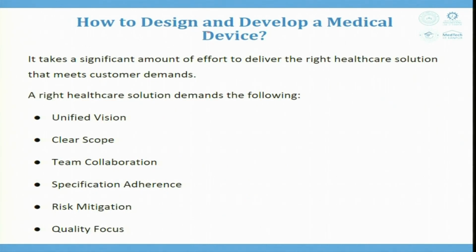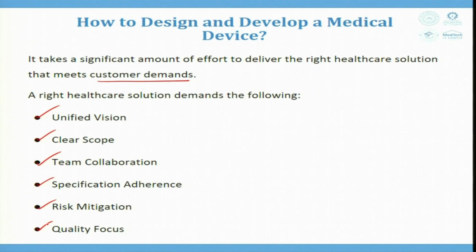How to design and develop a medical device? It takes a significant amount of effort to deliver the right healthcare solution that meets customer demands. A right healthcare solution demands the following: unified vision, clear scope, team collaboration, specification adherence, risk mitigation and quality focus.